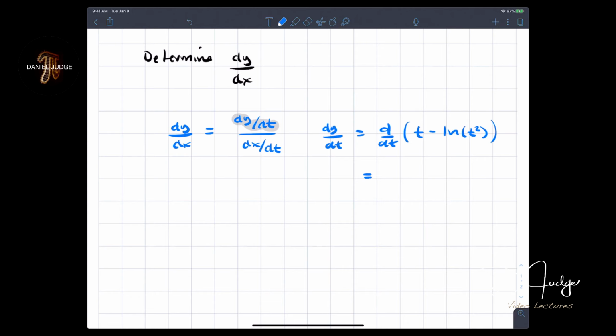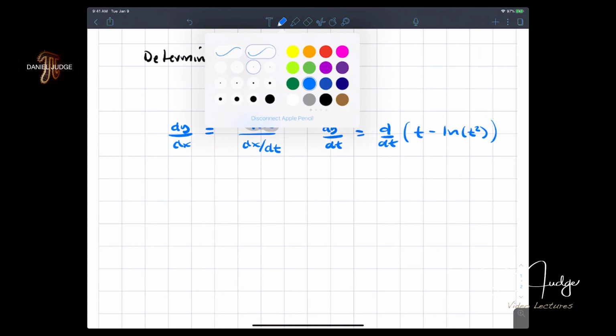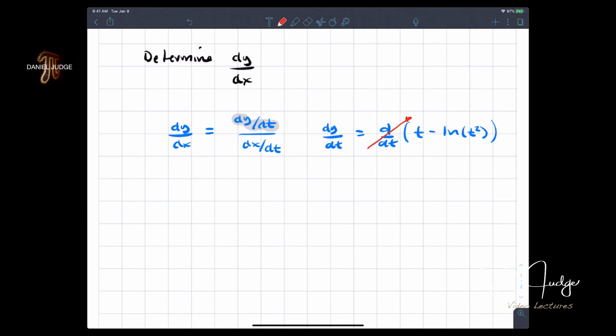If you guys remember, this is going to be 1 minus 1 over t squared times 2t. There's a chain rule there, right? So this is 1 minus, looks like 2 over t. And that's dy dt.